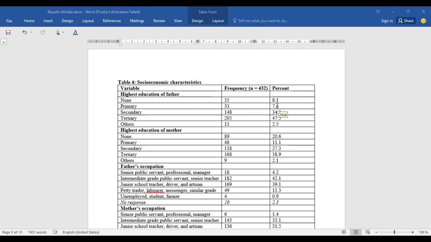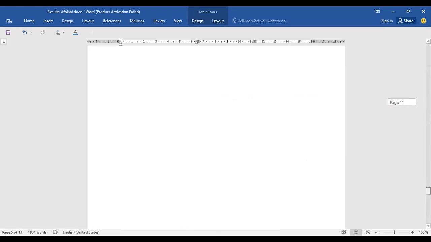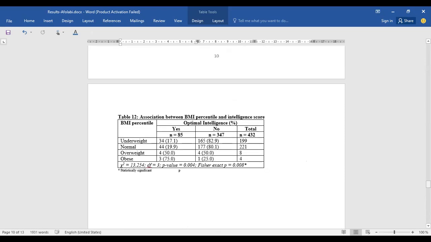BMI percentile and intelligence: table 12, and the last table also, the last table that talks about logistic regression. Yes, table 12 and the last table, because sometimes you can have 2 objectives on one table. One table can answer 2 objectives, and more than one table can answer 1 objective.